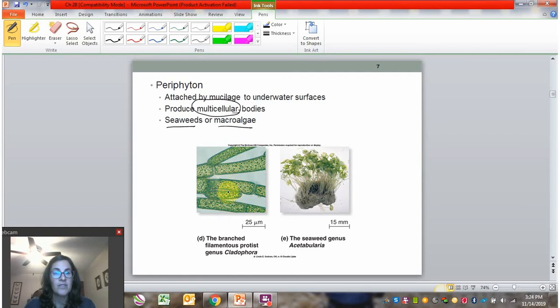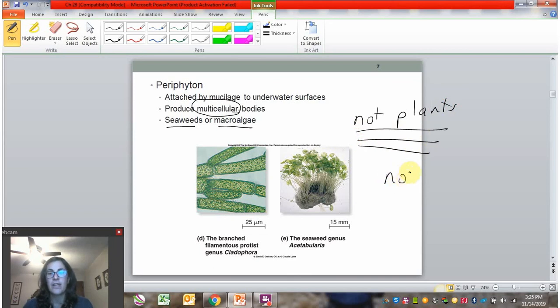This one as well, this is under a microscope, but this looks like green strings with the naked eye, so you can actually see it without a microscope because they're much larger. But again, they're not plants. I'm just going to reiterate this. They are not plants. They're not in kingdom Plantae, even though at first glance you might think they would be.